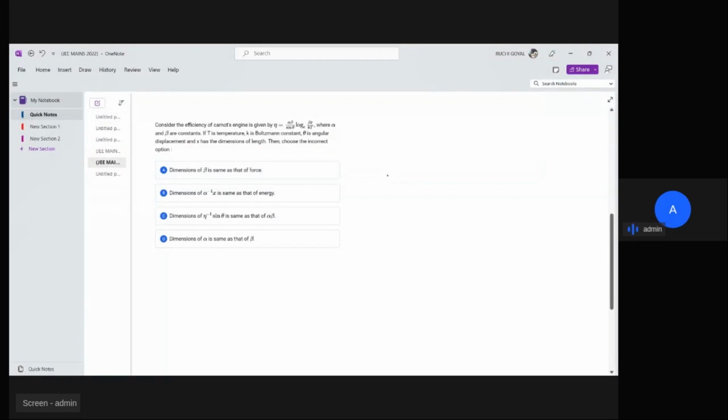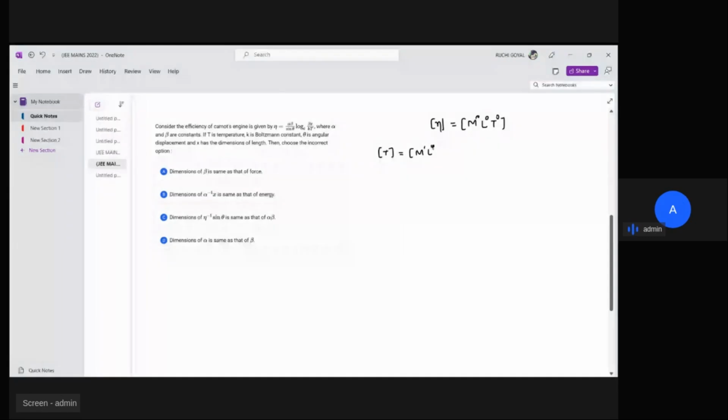Since dimensions of trigonometric functions and log functions are dimensionless quantities, right? So we can write here the dimensions of eta will be dimensionless, M0 L0 T0. Right, now we can write the temperature dimensions. It will be M0 L0 T0, only K will be there because of temperature.